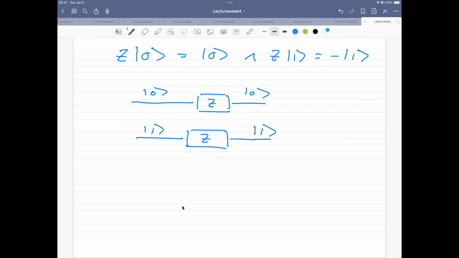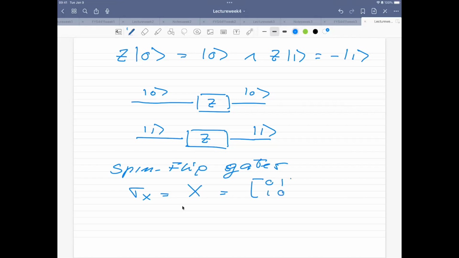Then we have the so-called spin flip gates. If you think of 1 as a spin up and 0 as a spin down state, spin flip gates. In that case, we have the Pauli X matrix, which is written like this, 0, 1, 1, 0. And we know that when this acts on the state 0, this gives us the state 1, so it flips the states.